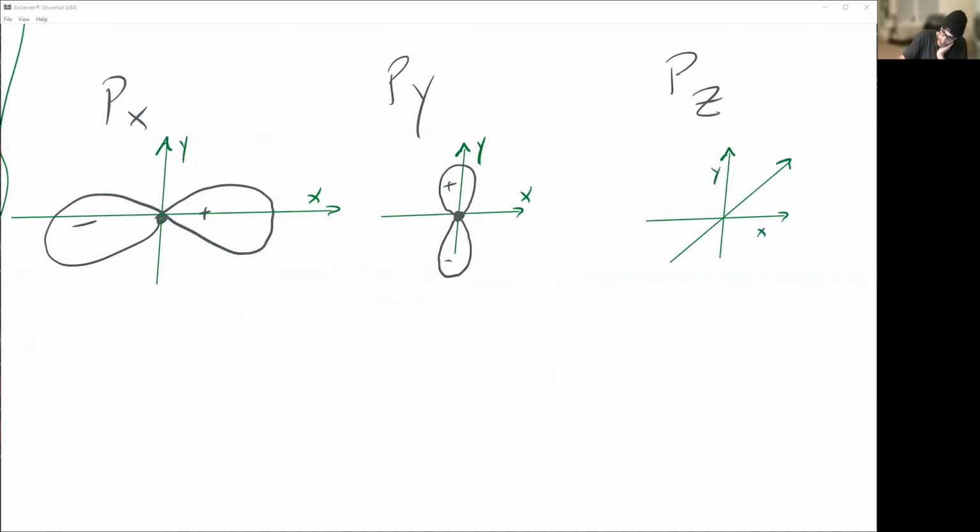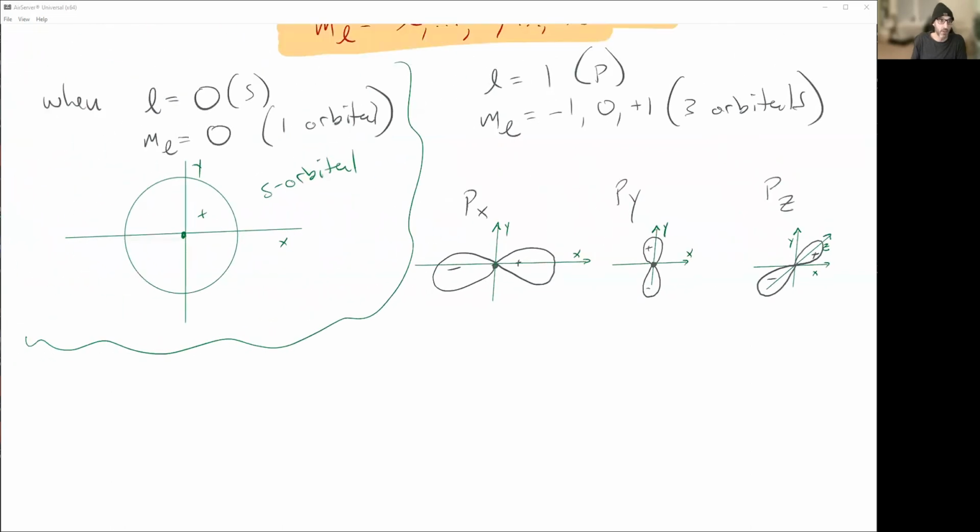X, Y, Z. You can imagine this is coming in and going out of the page. So that's going into the page and that's coming out of the page. Positive, negative. That is the Pz. Okay, Px, Py, Pz. So again, orientation.